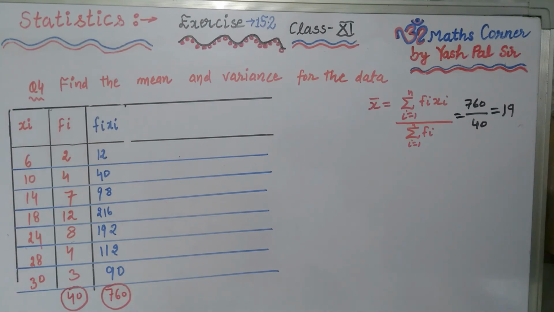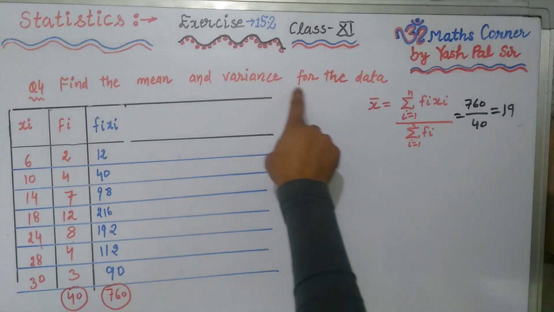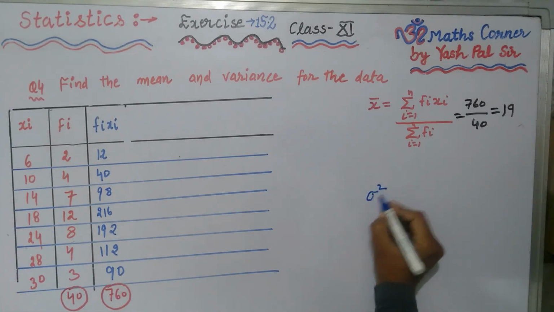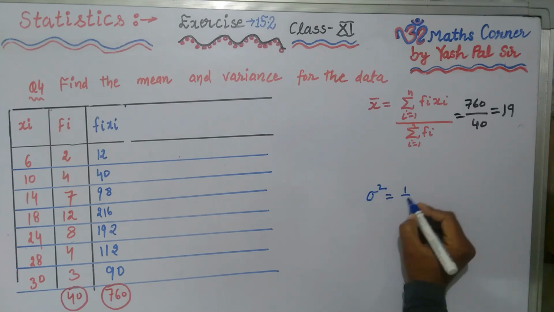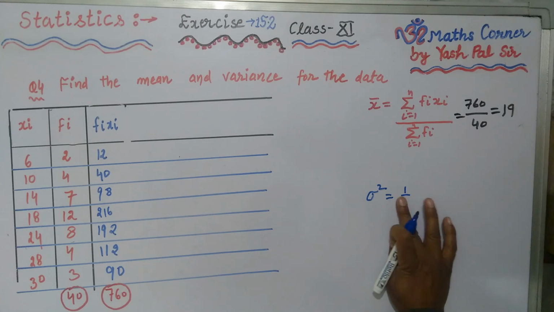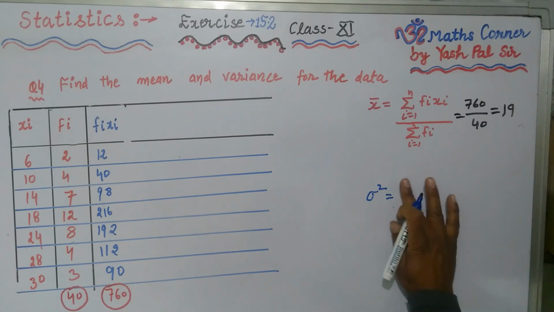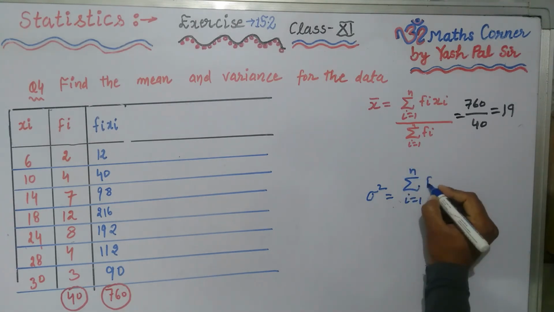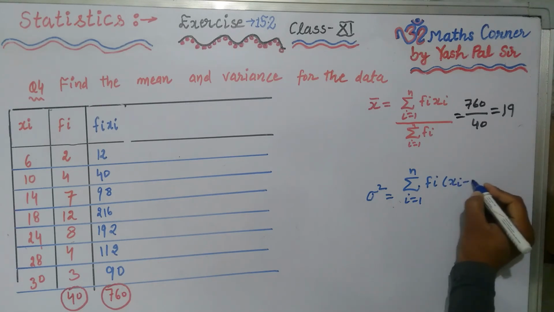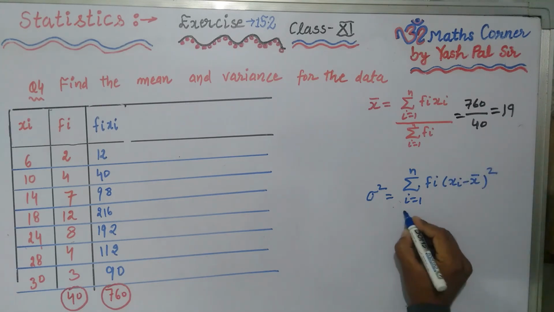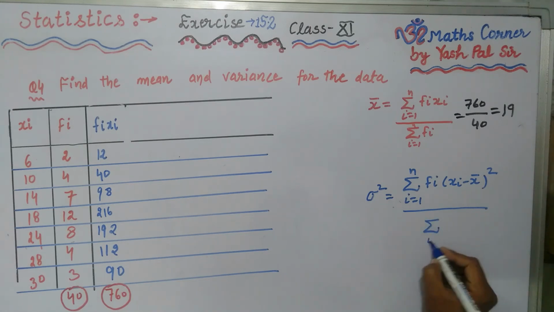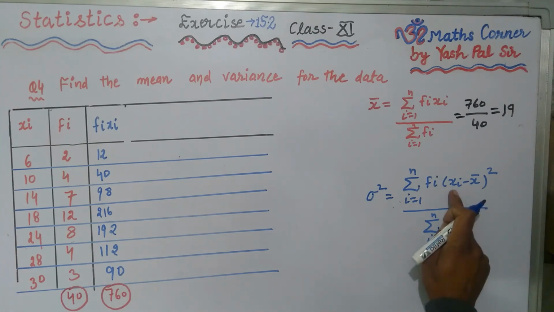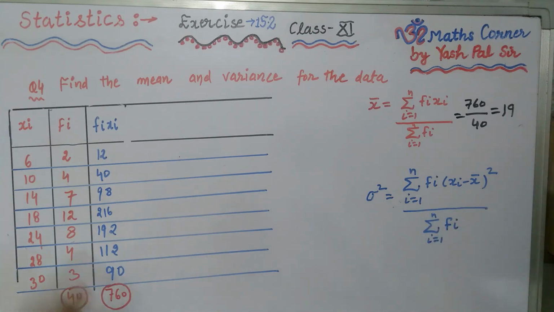Now we shall find the variance. First of all we write the formula for variance. The formula is sigma square equal to 1 upon n, in place of n we write summation i equal to 1 to n of fi, into summation of fi into xi minus x bar whole square, divided by summation i equal to 1 to n of fi, right? We need xi minus x bar in this table.